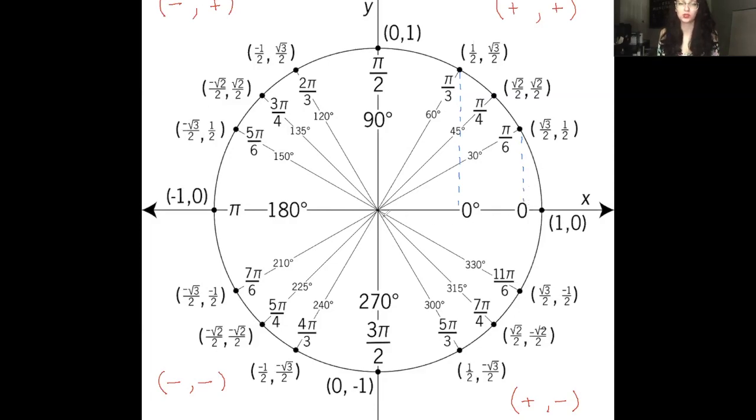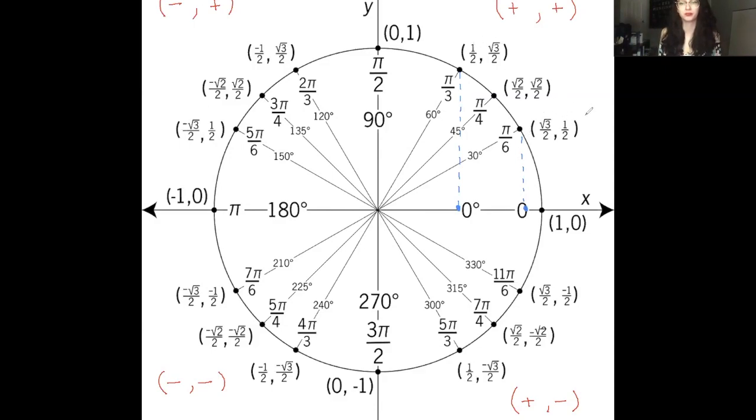Cosine is the x value. This one obviously is 1/2, and this one is more than 1/2, so that one corresponds to the root 3 over 2 value. So that's how I easily determine that the cosine of pi over 6 is root 3 over 2, and the cosine of pi over 3 is 1/2. Then I understand that I will have to put root 3 over 2 with that one, and 1/2 with this one.